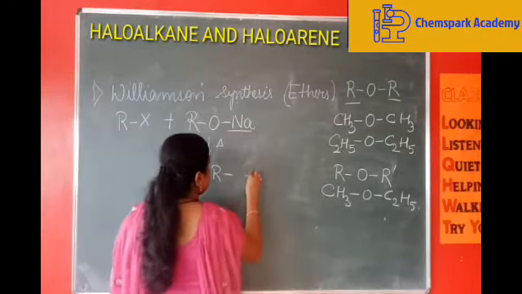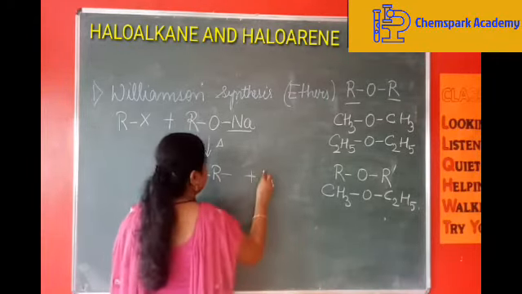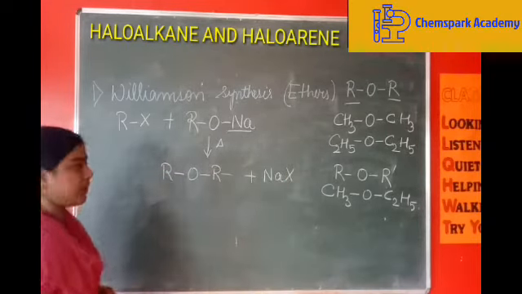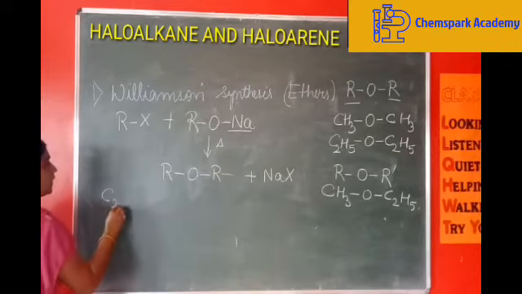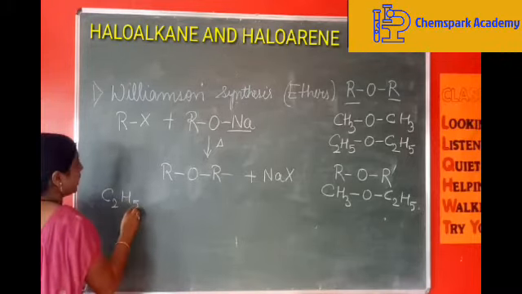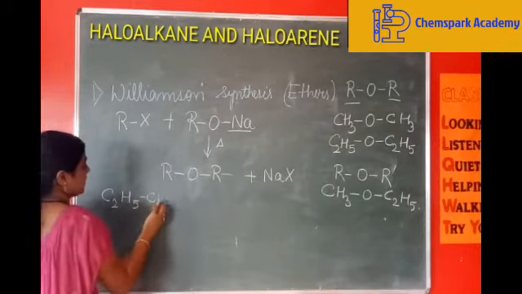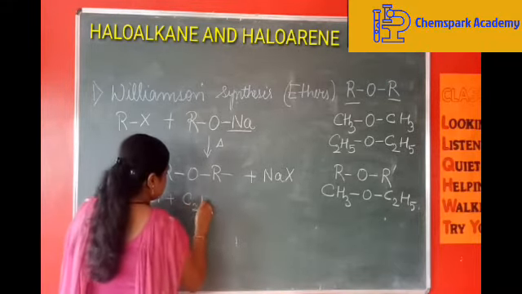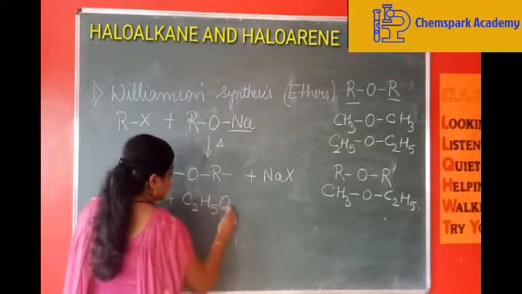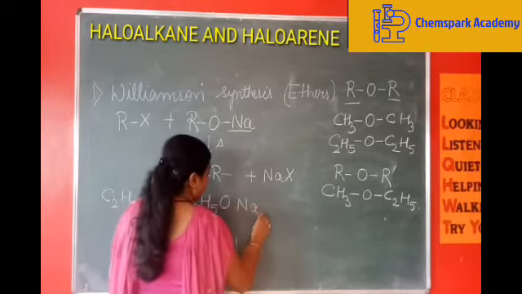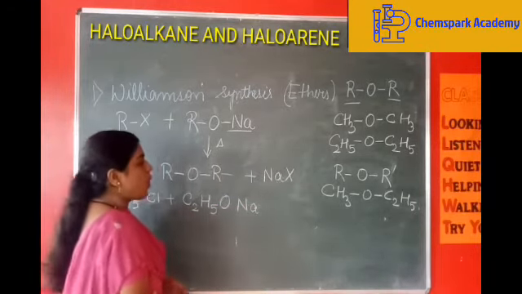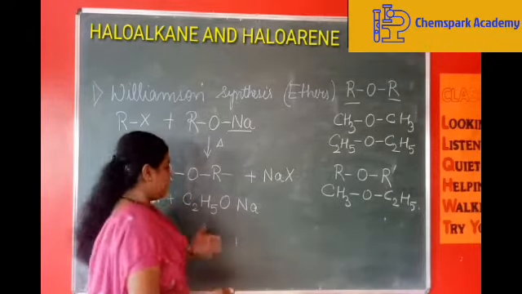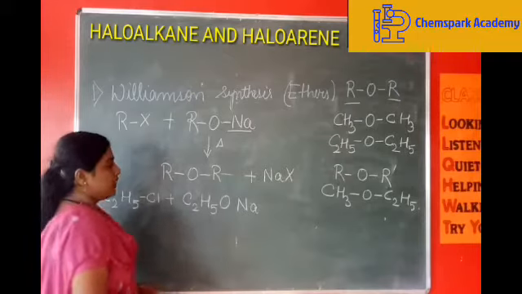plus we will have NaX. If I take an example, we can take C2H5Cl, that is ethyl chloride, plus C2H5ONa. This is the sodium alkoxide or sodium ethoxide, because we have the ethyl group in there.